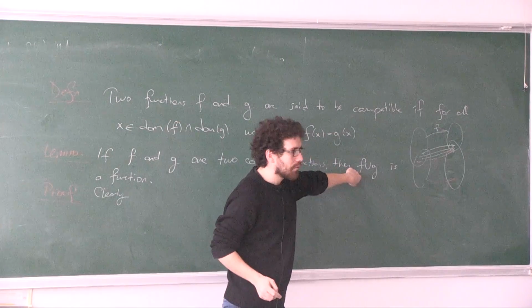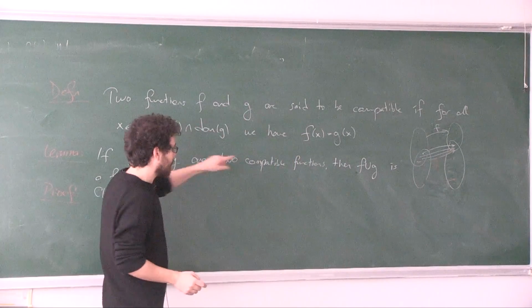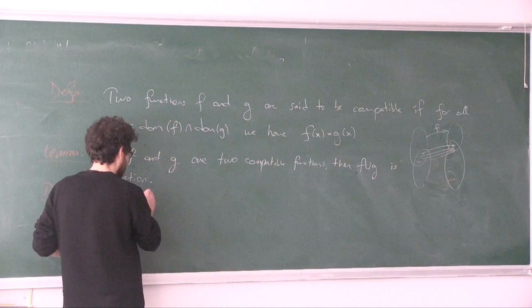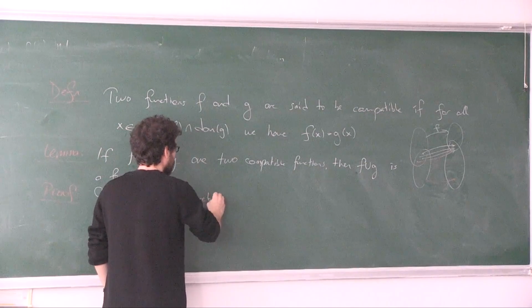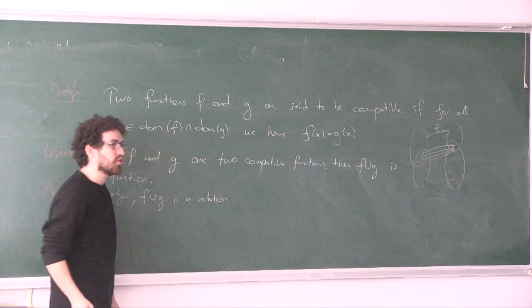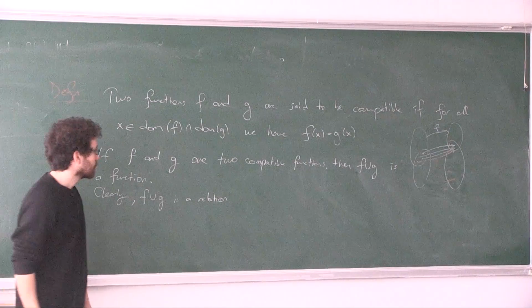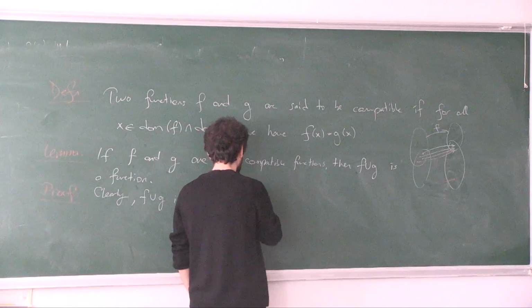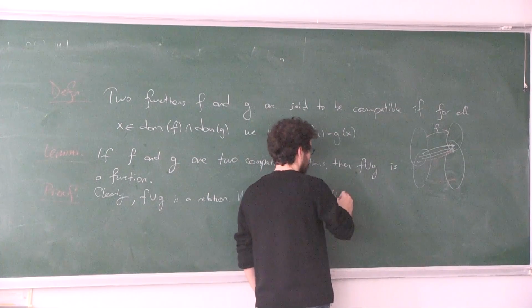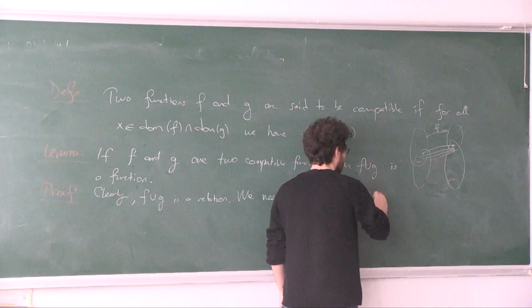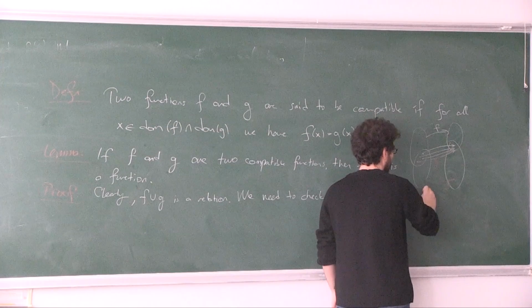The elements of the union are coming from these two guys. Therefore, that's a set of ordered pairs. So that's a relation. Now, I have to check that this relation is well defined. We need to check that this union is a well-defined relation.